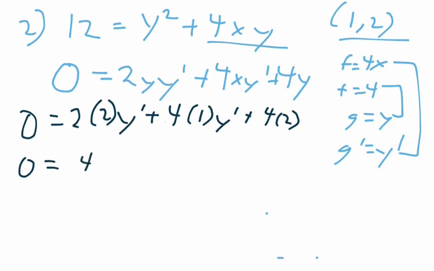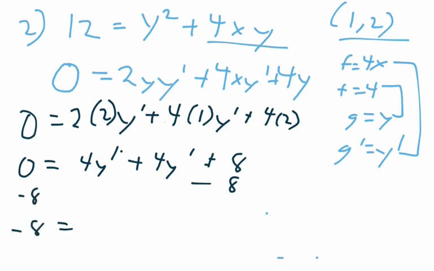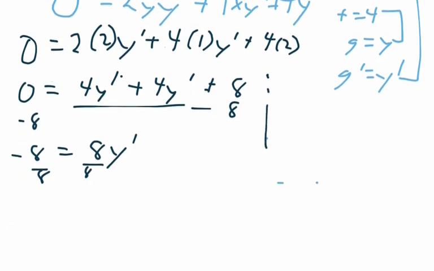So 4y prime plus 4y prime plus 8. So subtract off the 8, and 4y prime plus 4y prime is 8y prime, divided by 8, and y prime equals negative 1.